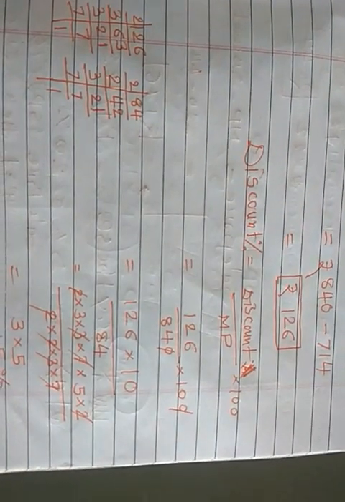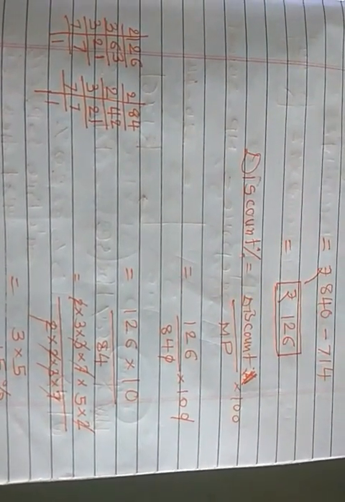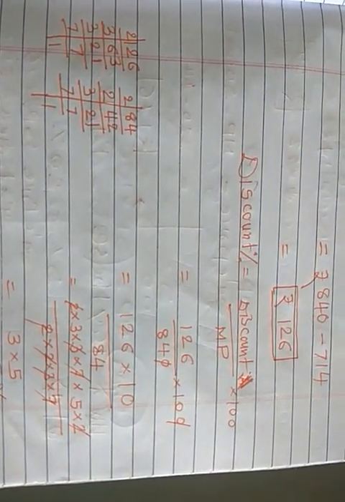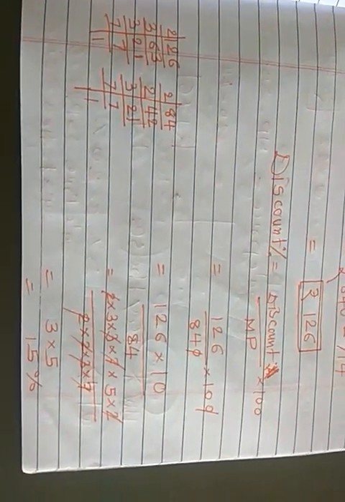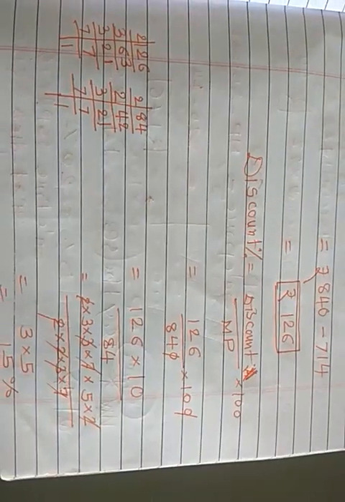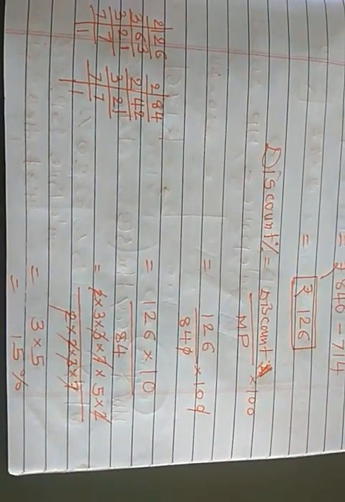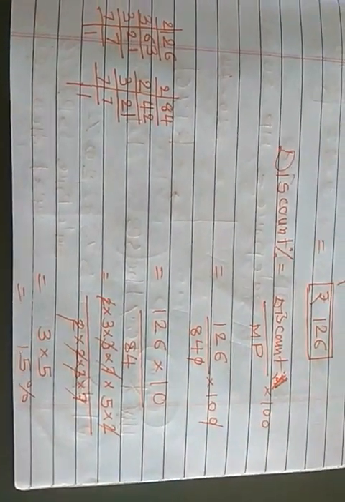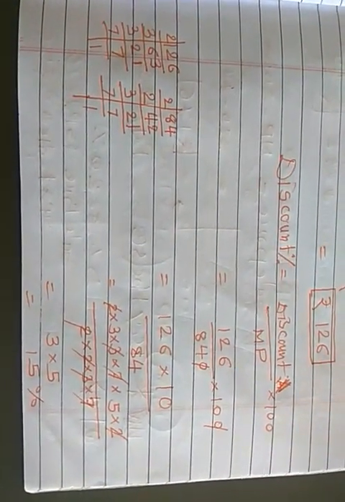Write that instead of 126. 10 means 5 twos are 10. And 84 means 2 multiplied by 2 multiplied by 3 multiplied by 7. Ultimately, the 2s cancel, the 3s cancel, the 7s cancel. In the numerator you will get 3 and 5. So 3 into 5 is equal to 15%. Like this you can count.